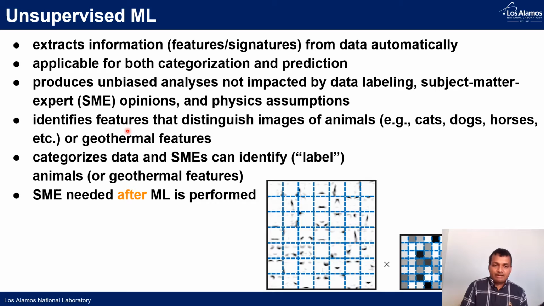It produces unbiased analysis, so during data labeling a subject matter expert is not necessary, and it is not impacted by SME. It identifies features that distinguish images of animals like cats, dogs, and horses, and in our case, it's geothermal features. It categorizes data, but we need SME after machine learning is performed.